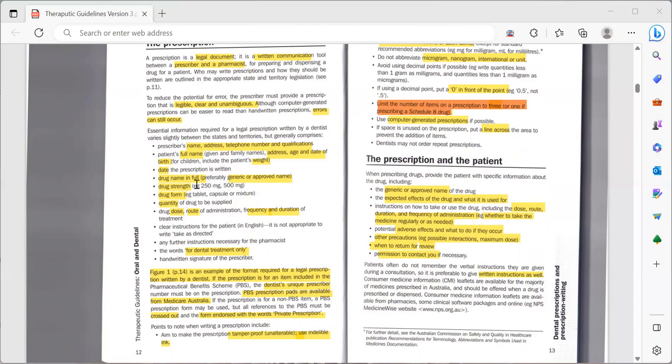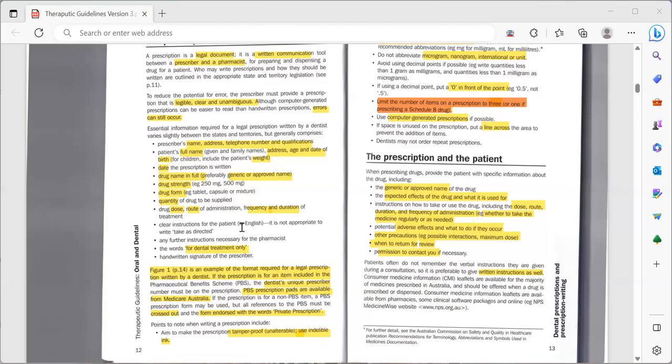So you should write that name, and the drug strength, how much dose the patient needs to take and in which form, like tablets, capsule, or a suspension, and the quantity of drug to be supplied, drug dose, and route of administration, like oral, IV, IM. Then frequency, how many times the patient needs to take it, like 2 times a day, 3 times a day, and duration, for how many days, like 5 days, 3 days.